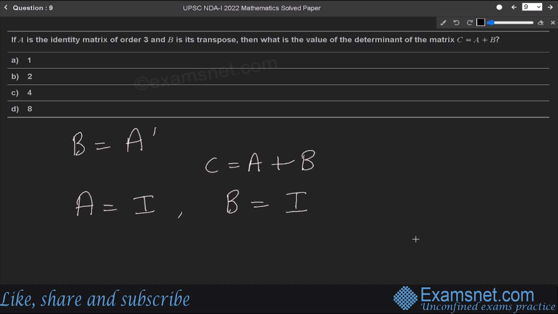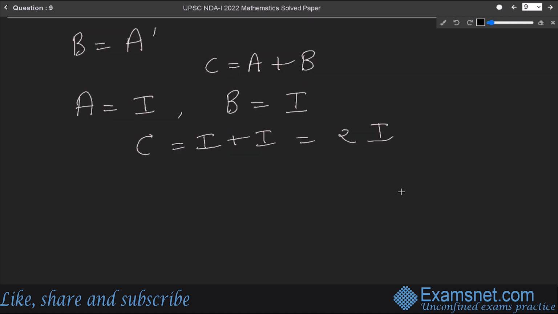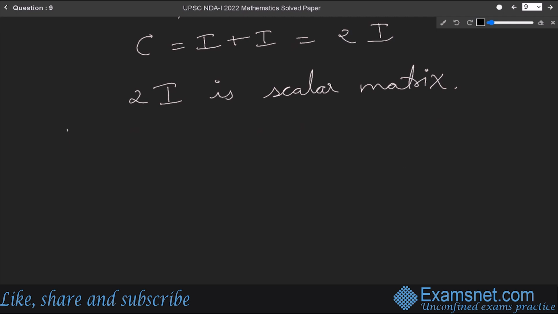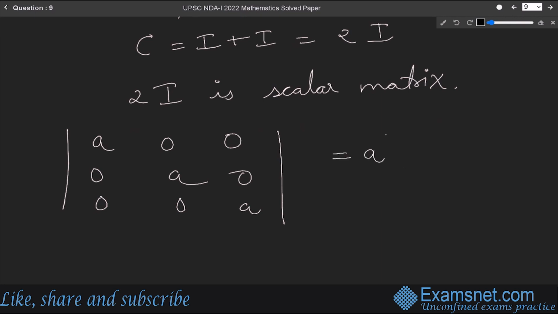Now putting the values in C is equals to A plus B, we get C is equals to I plus I, that is equals to 2I. Since it is an identity matrix, we know that 2I is a scalar matrix. It is a scalar matrix, and we know that the determinant of a scalar matrix is equals to A cube.